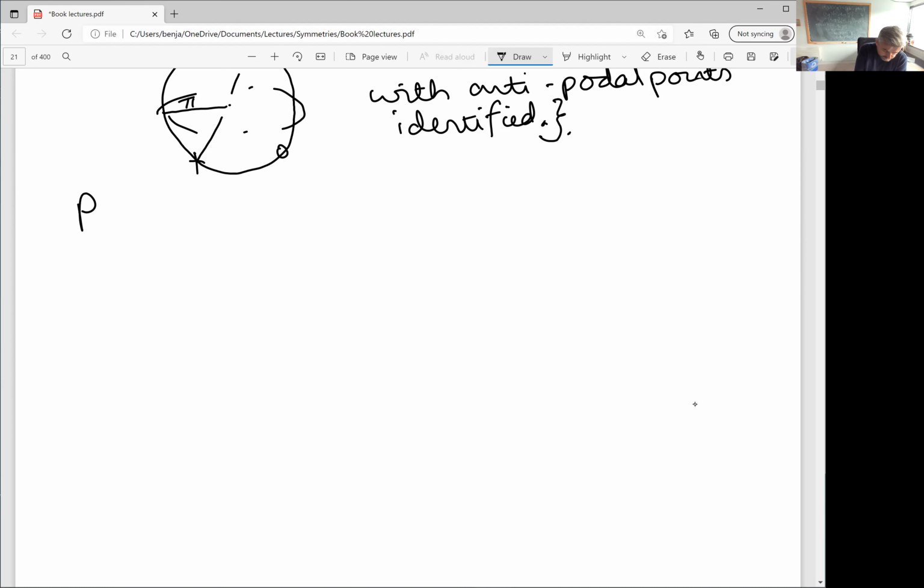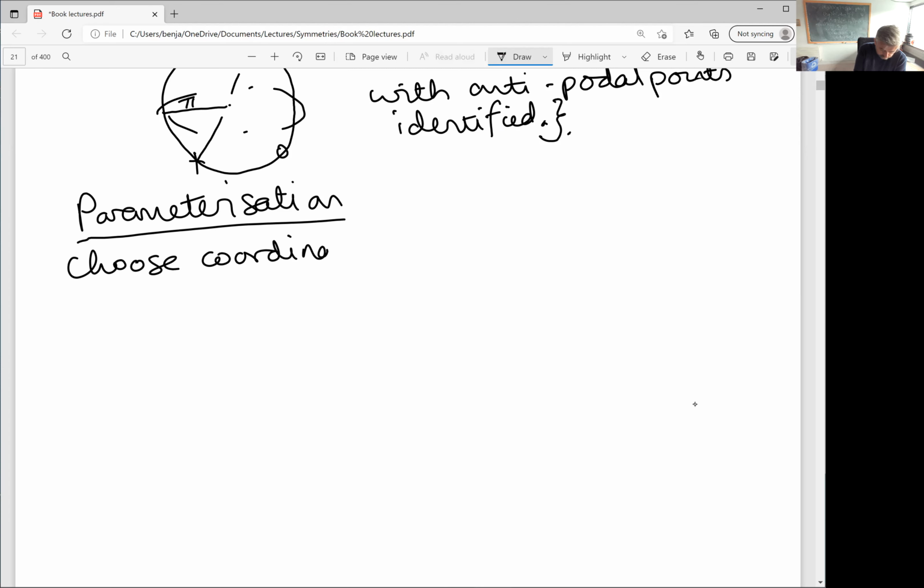Here we have the parameterization of the group manifold. So let's choose some coordinates. I'm going to call a point x, but this is really going to be a vector in R^n.